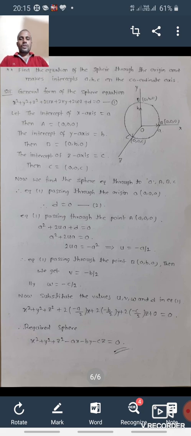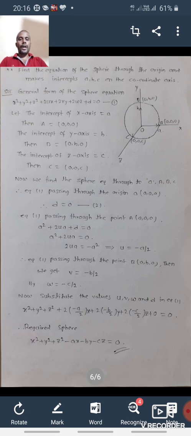This sphere is also passing through 4 points, but here only one point is given directly, the origin (0, 0, 0). The other 3 points are given indirectly, since the sphere makes intercepts a, b, c on the coordinate axes.